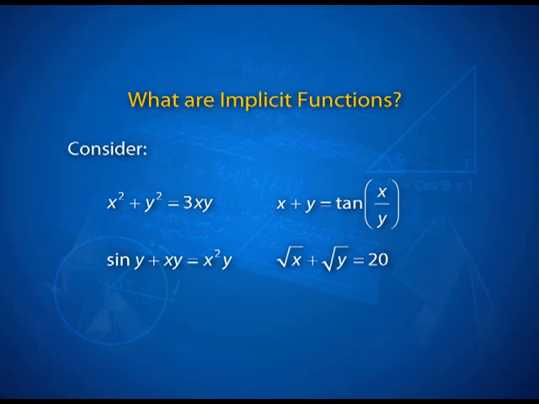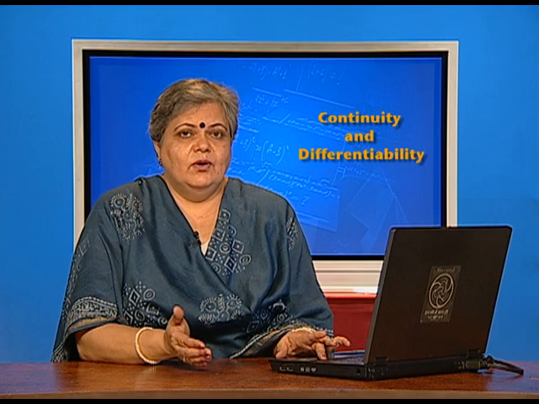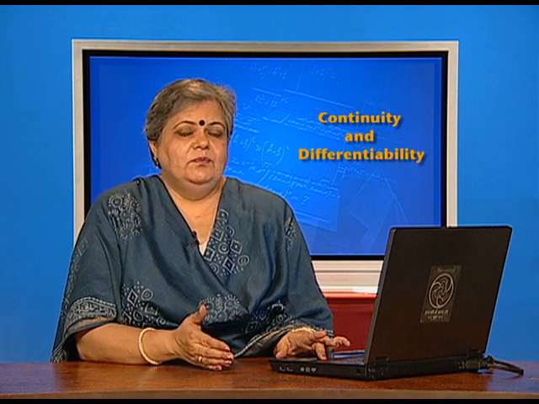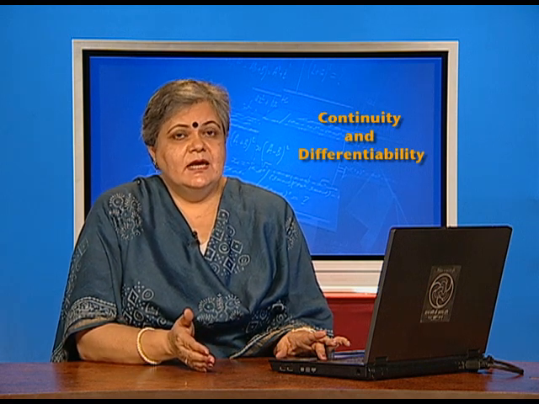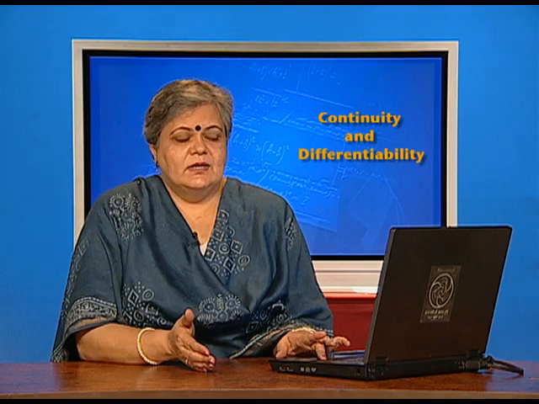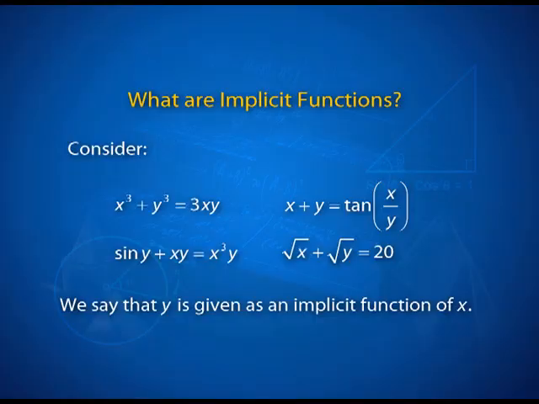Perhaps as you look at each one of them, you will be able to say no. Such functions where there is a dependence of y on x, but y cannot be expressed explicitly in terms of x, we say that y is an implicit function of x.